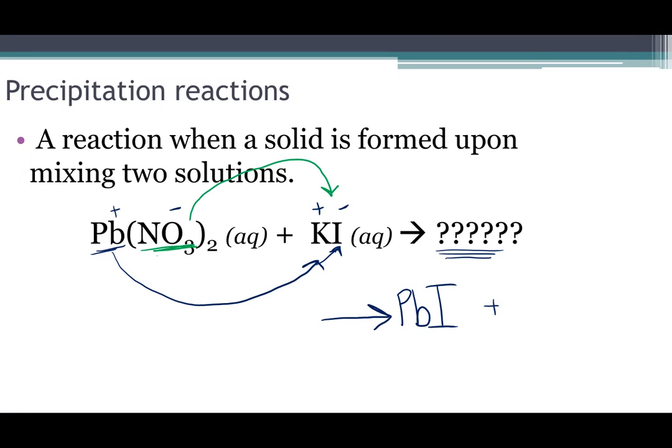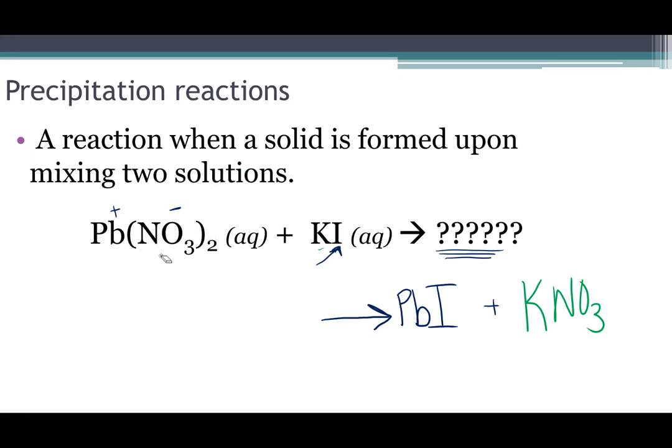No, they're both negatively charged. Again, they'd be repelled by one another. So the only partner that makes sense for nitrate would be this positively charged potassium. So the other product is going to be potassium nitrate. Okay. So that's the first thing we need to consider, the flippity-floppity of the ion partners, right?